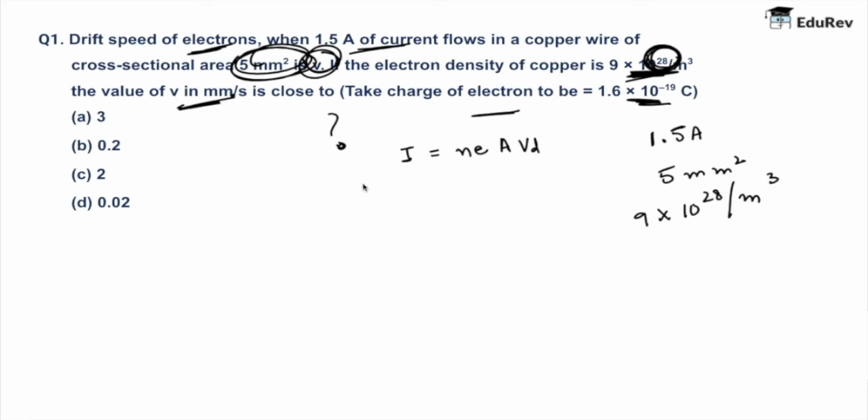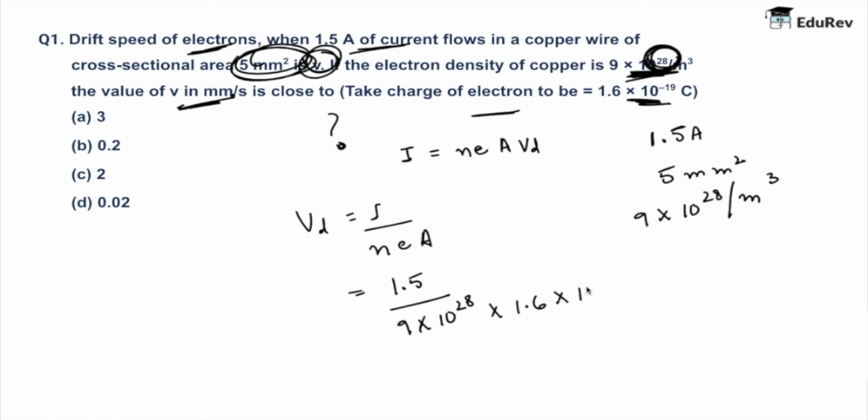Vd is going to be I upon n, e and A. So Vd is 1.5 upon 9 × 10^28 × 1.6 × 10^-19 × 5 × 10^-6.